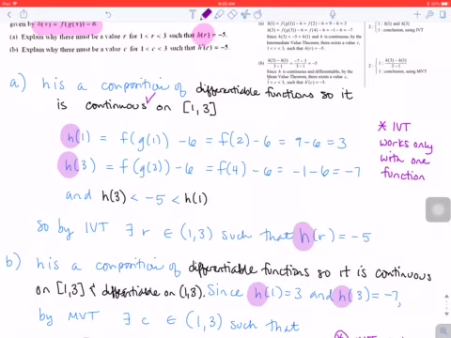This says, so by intermediate value theorem, there exists an r in 1 to 3, this is actually an element of the interval 1 to 3, such that h of r equals -5. So this is what we want to write as our conclusion. Again, straight from the board.